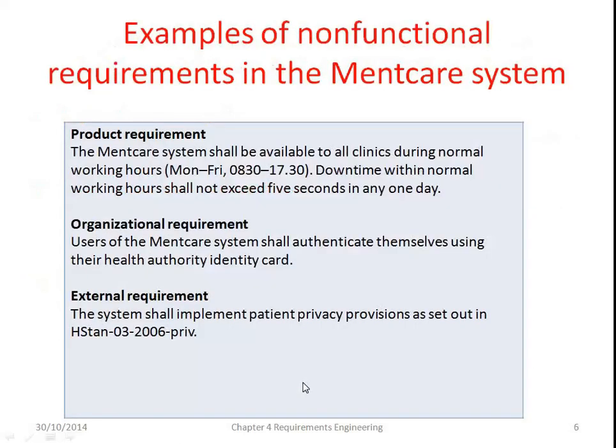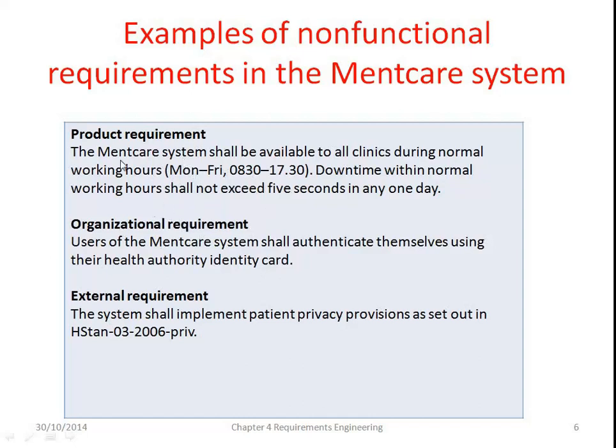For this classification of non-functional requirements, one example is given here: examples of non-functional requirements in the MentCare system. Three classifications are shown: product requirements, organizational requirements, and external requirements. These are external to the developed system.